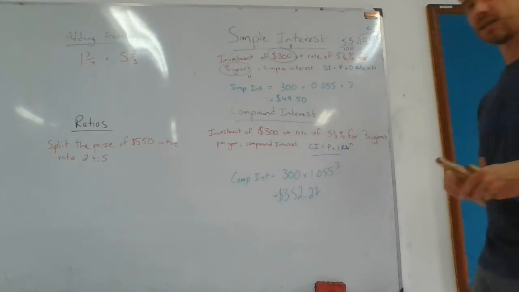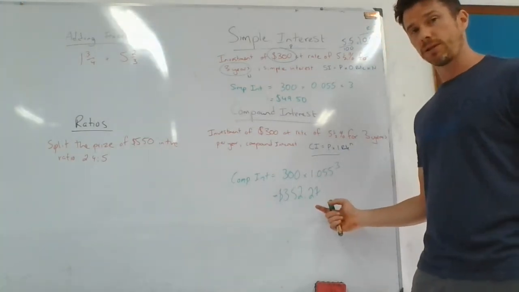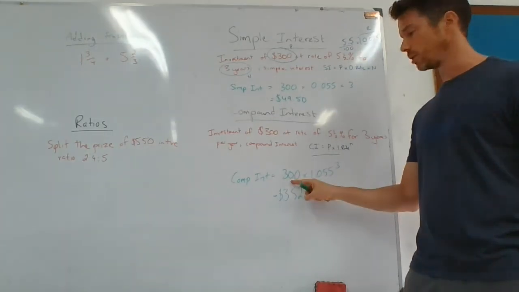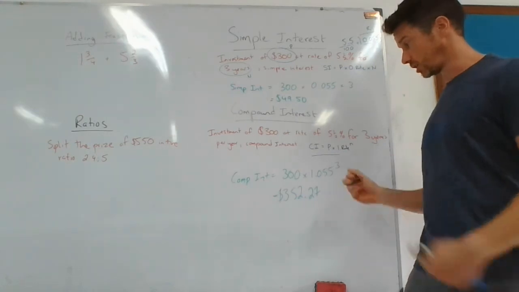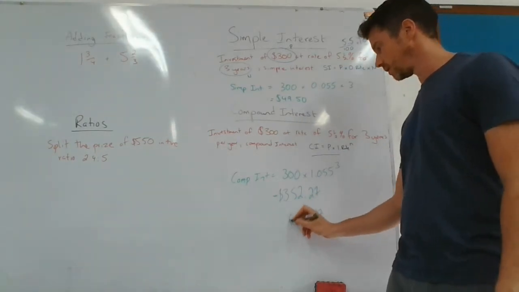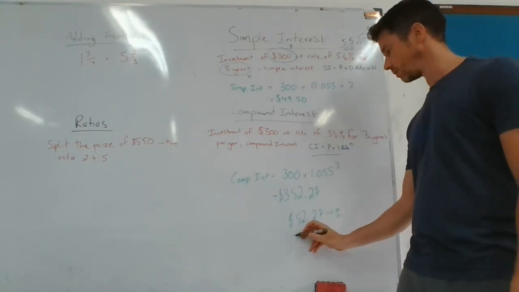Okay, so that is the amount you would get at the end of the 3 years. Now this isn't just the interest. You'd have to take away the 300 to get the interest on its own. So the interest on its own is 52.27. That's the interest, and remember your principal was 300.